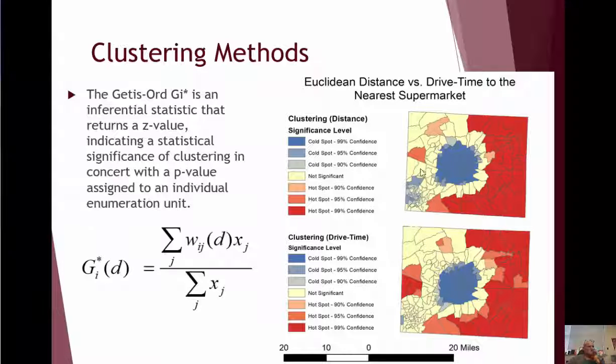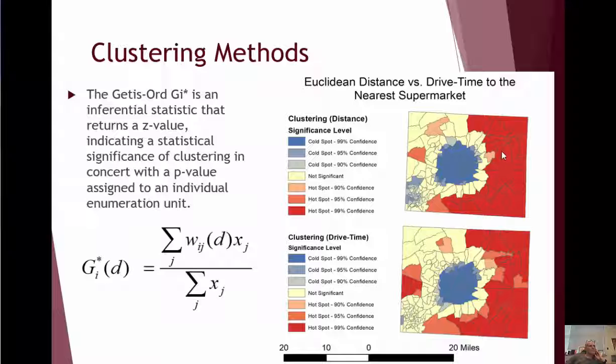So you can see some difference. Cold spots meaning they are low distance, but here when we calculate in the drive time, they're not cold spots. In these areas here, these blue areas are quote unquote good, meaning they have low distance. Okay, cold spots are low regions or low values surrounded by other low values, where that high value surrounded by other high values. And then we can see this buffer region here.